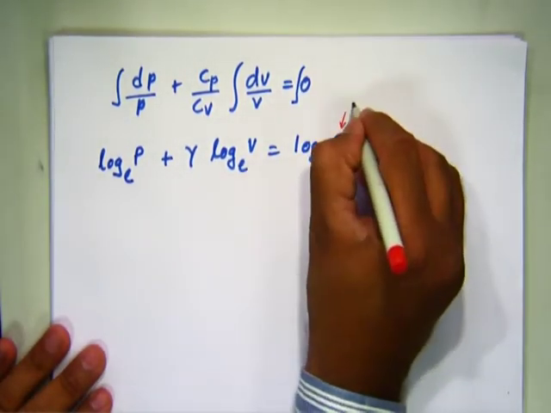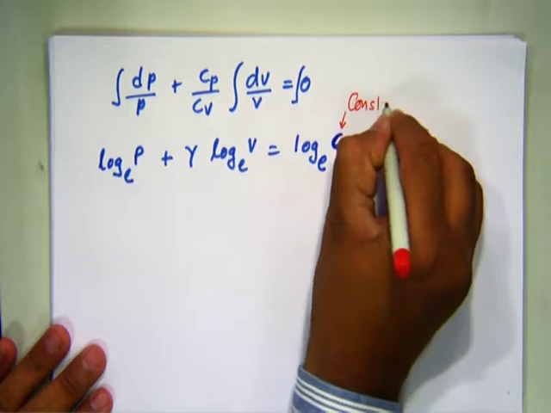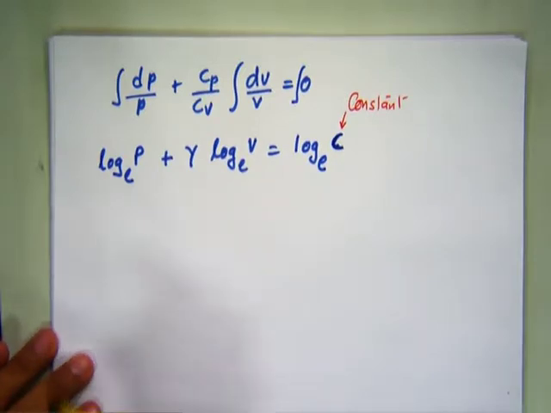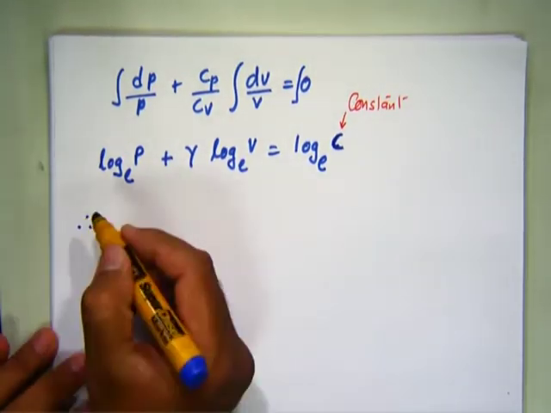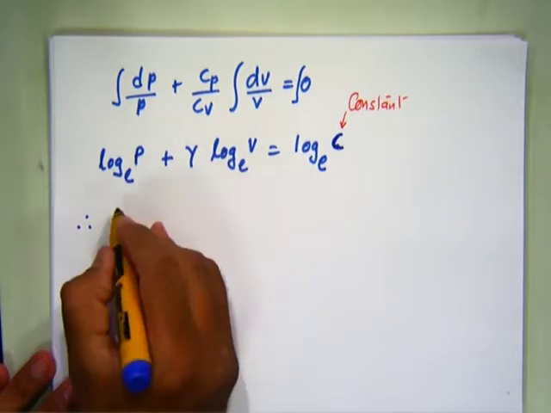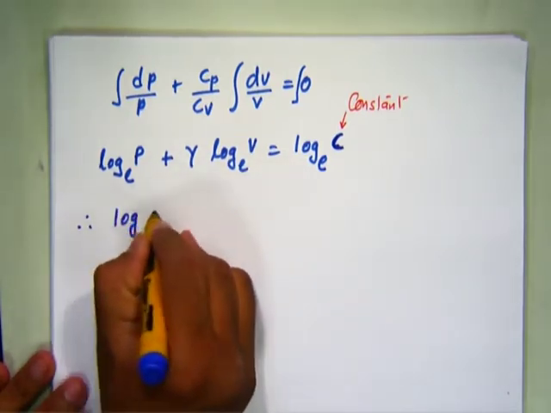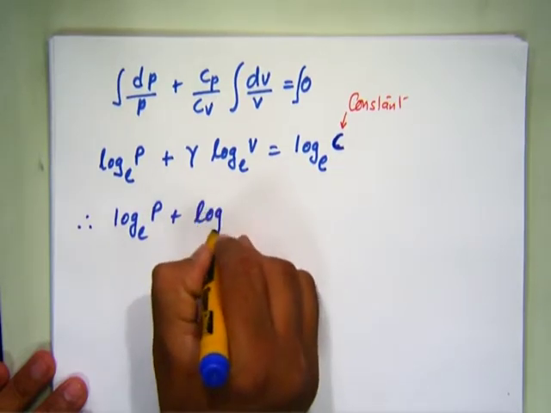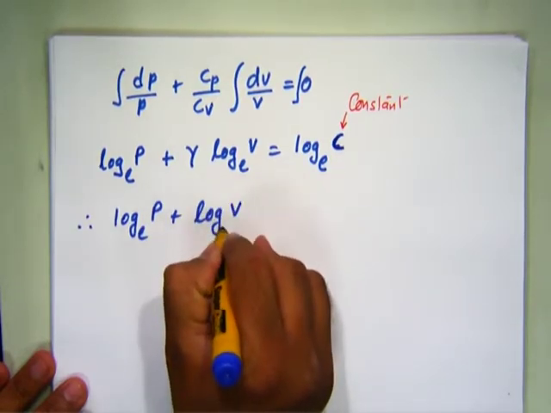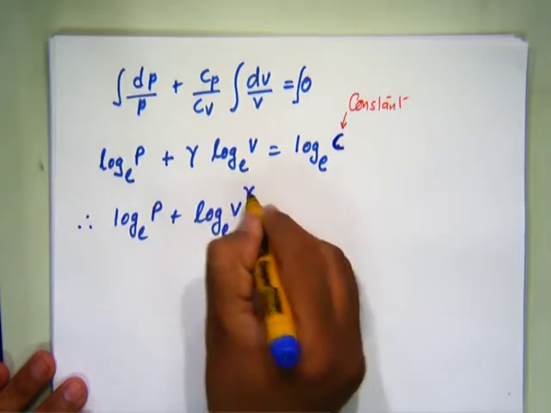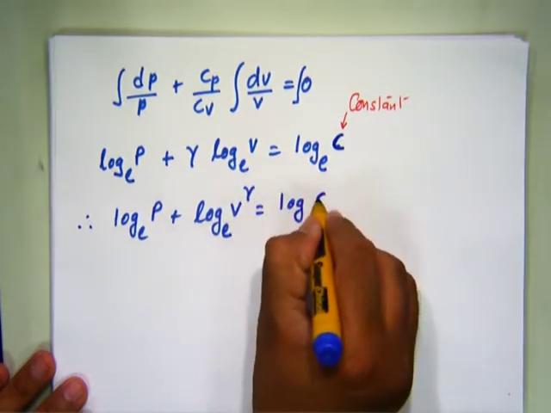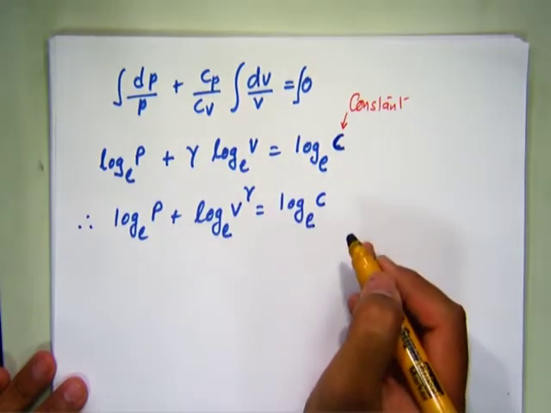Therefore, log P to the base e plus log V to the base e raised to gamma is equal to log C to the base e.